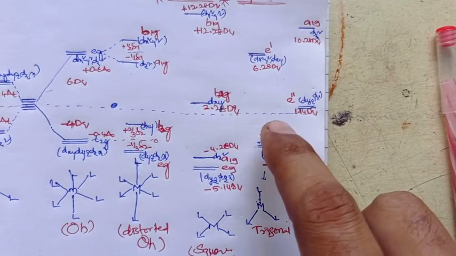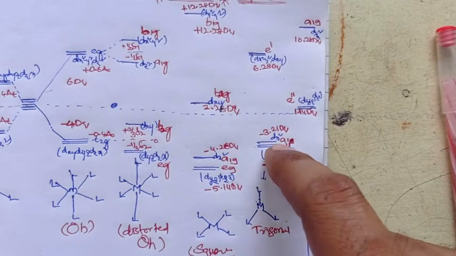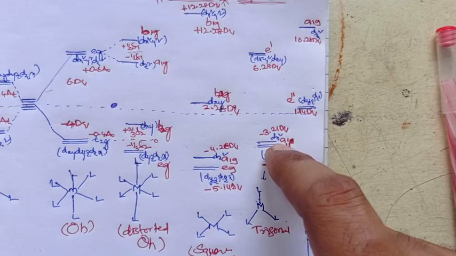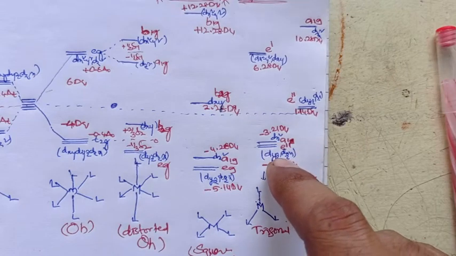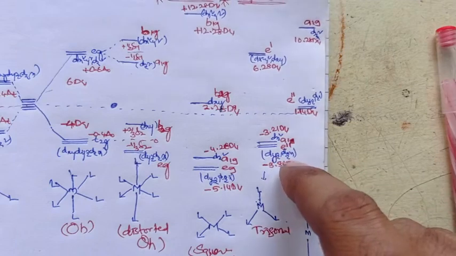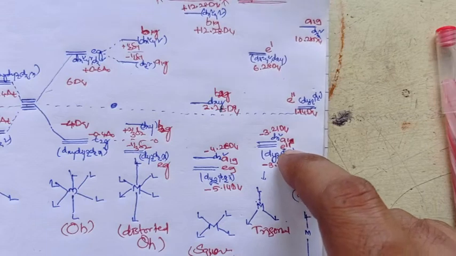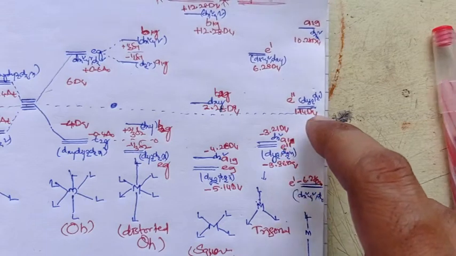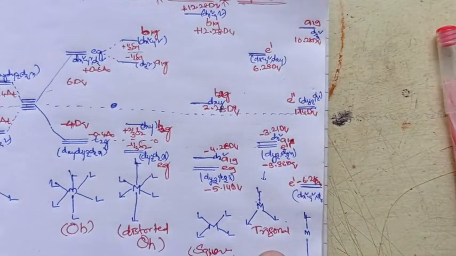The left three orbitals lower their energy: dz square reaches a lower energy state of A bar, with energy minus 3.21 Dq. The left two, dxz and dyz orbitals, reach the lowest energy state, minus 3.28 Dq, represented with E double bar. This is the splitting pattern in trigonal complexes.